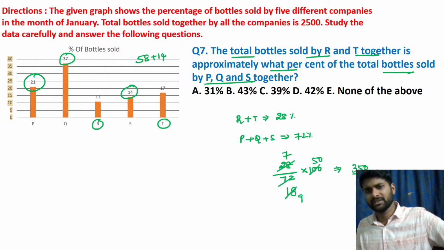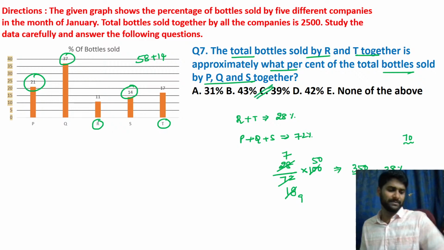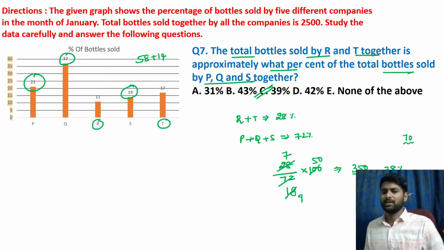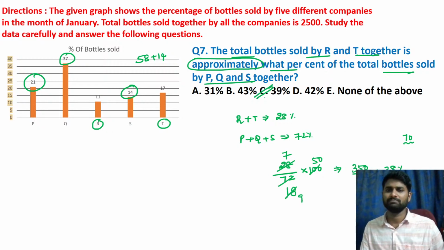So here, 9 threes are 27, again we have a 70, and 9 sevens are 63, 9 eights are 72. See here, approximately 38 percentage. You can see the nearer value that is equal to 39. Why? Because we have to just take the nearest value, as we have to identify the approximate value only. So as per the options, the answer is 39.